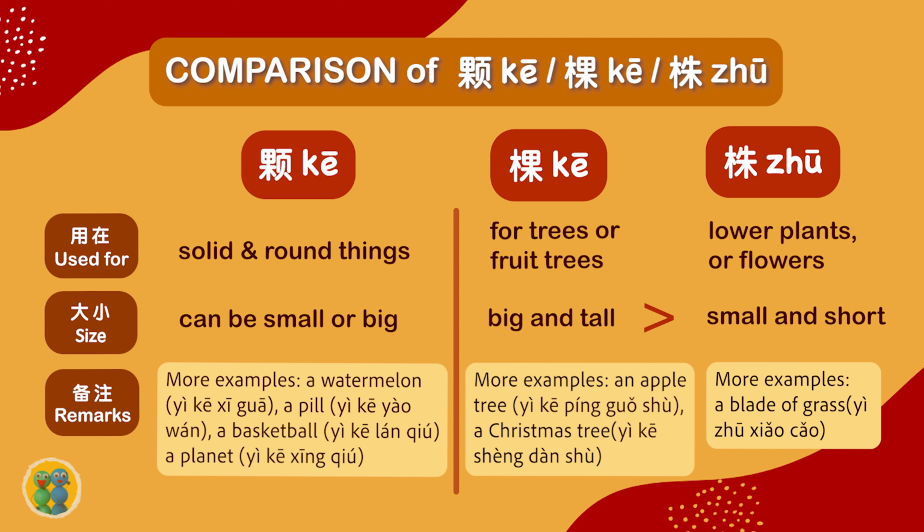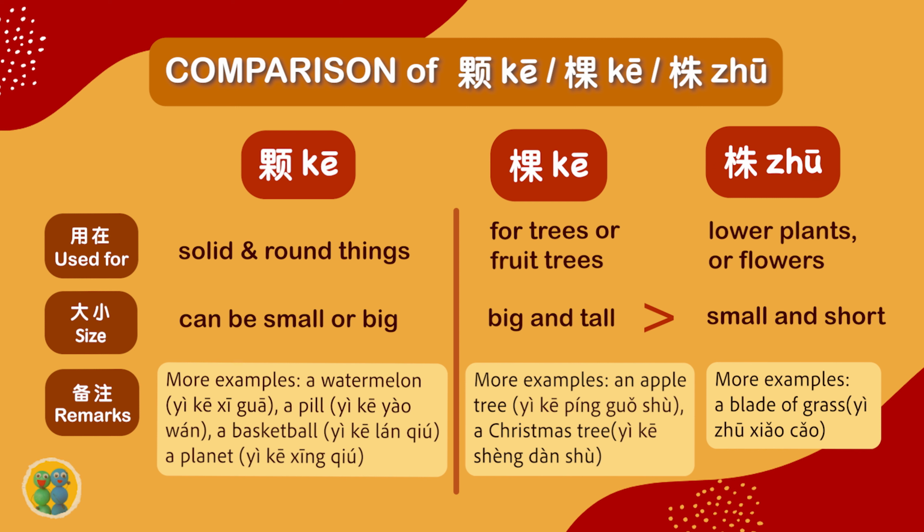A watermelon. 一颗西瓜, 西瓜 is watermelon. A pill. 一颗药丸, 药丸 means pill. 一颗篮球, 篮球 is basketball.